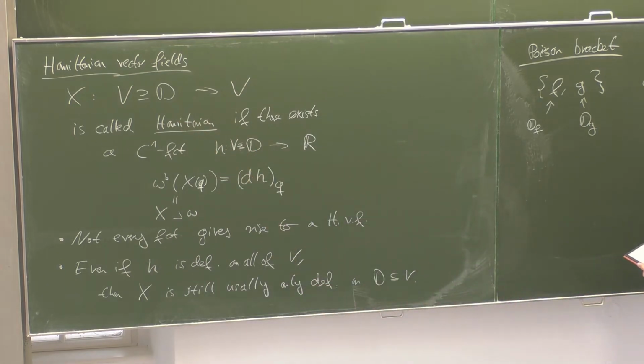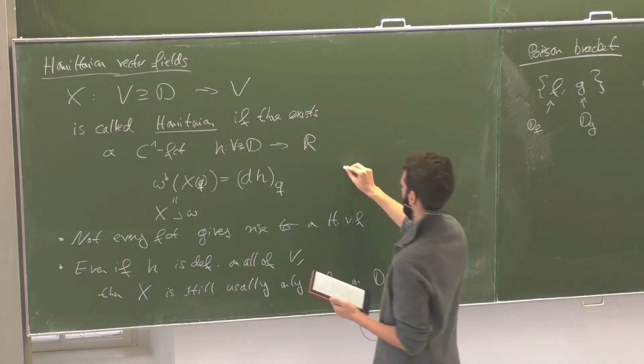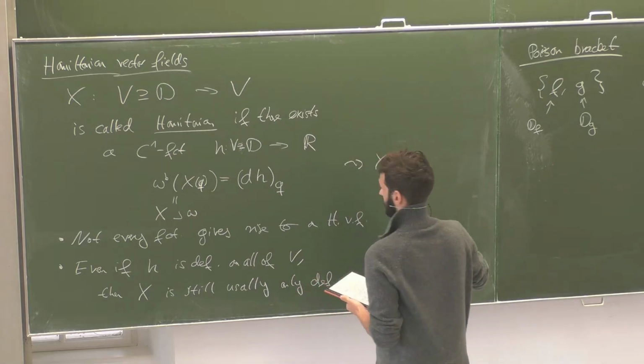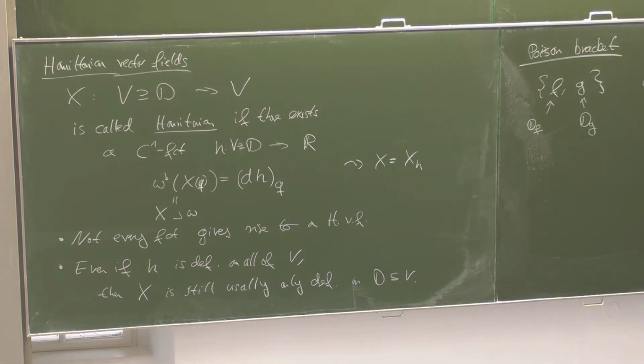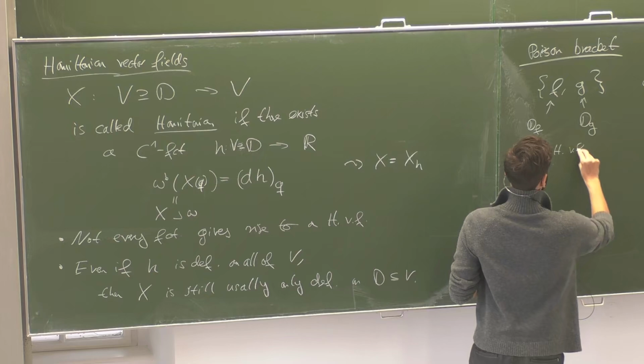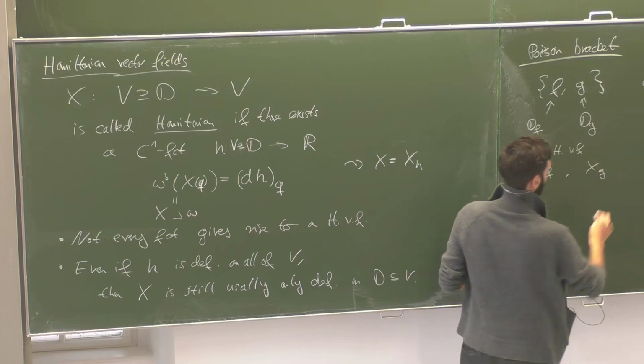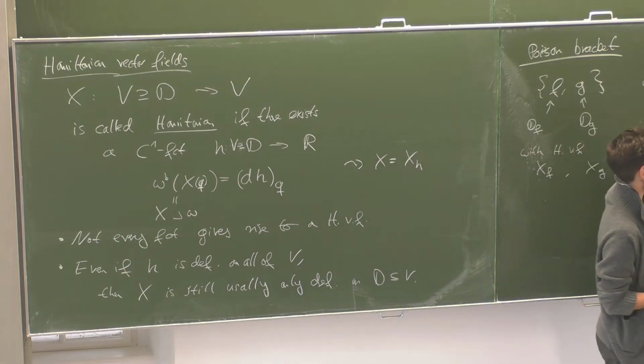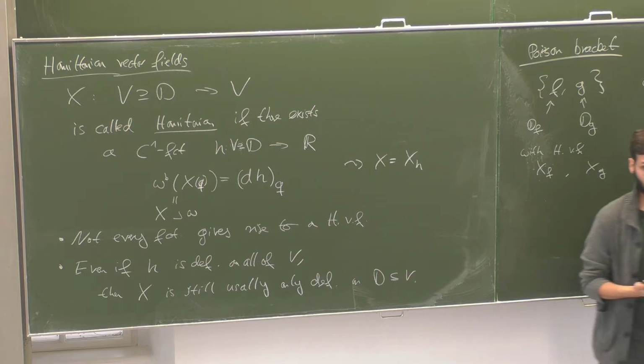But you're right, because the way we define it, maybe I should have said that in this case we write X_H, the Hamiltonian vector field corresponding to H. So we take our two functions, we assume that they have Hamiltonian vector fields X_f and X_g, and then we plug them both into the symplectic form to get a number, and that number is denoted by the Poisson bracket.